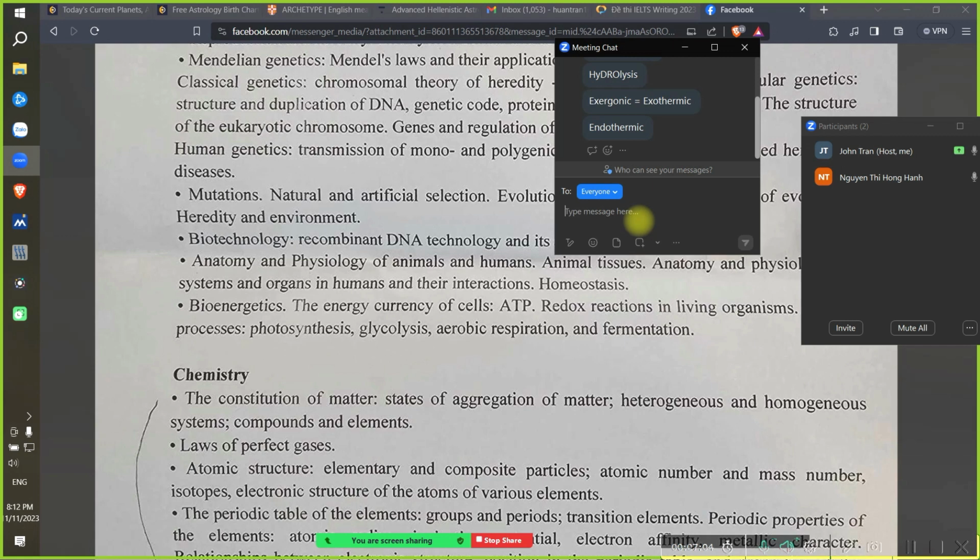Right, and where is ATP present? So ATP is produced in the mitochondria. Mitochondria.